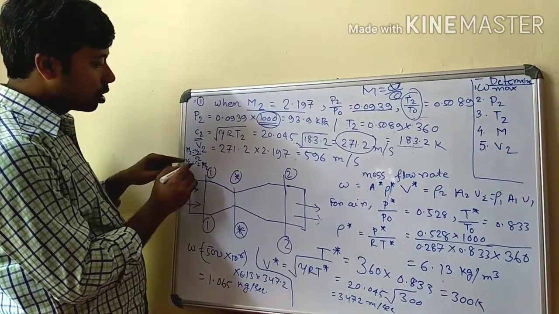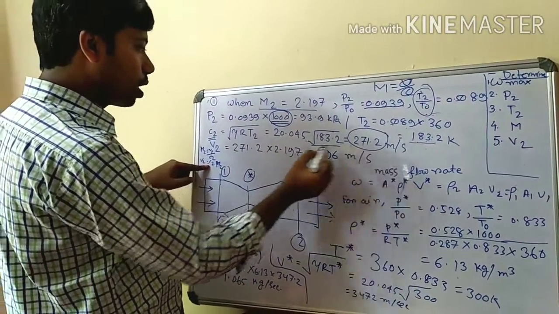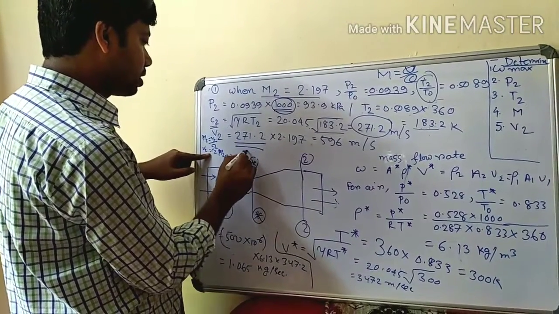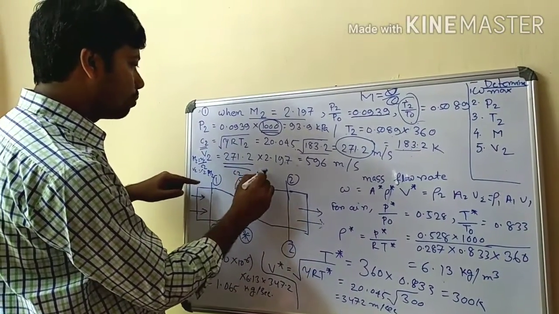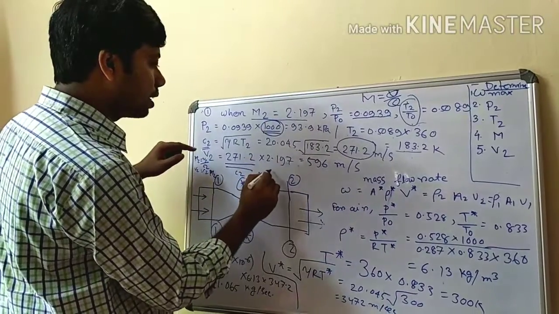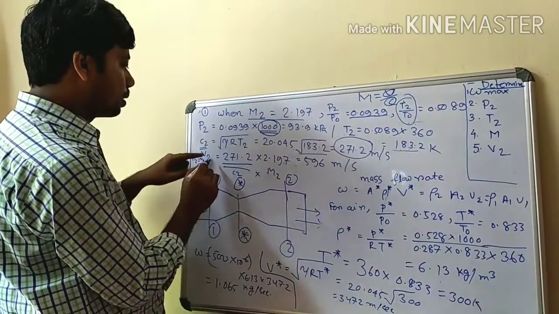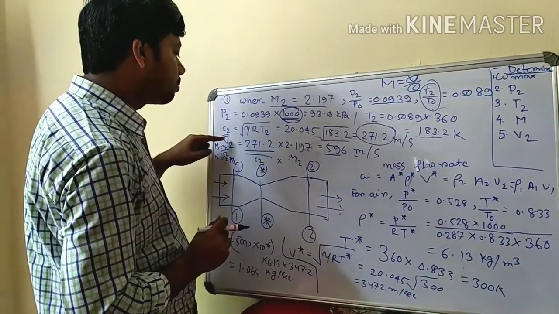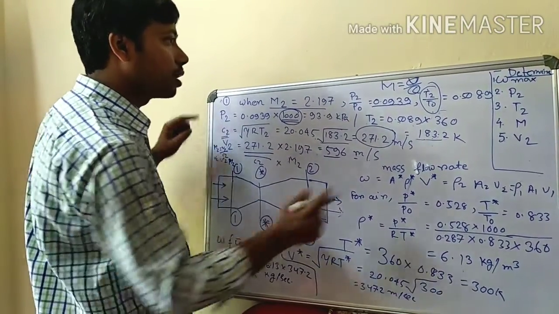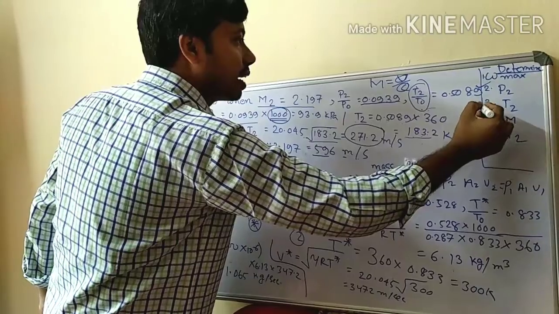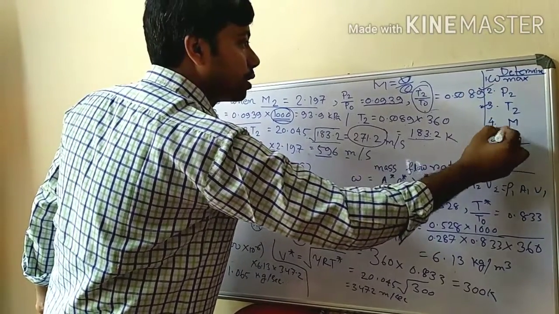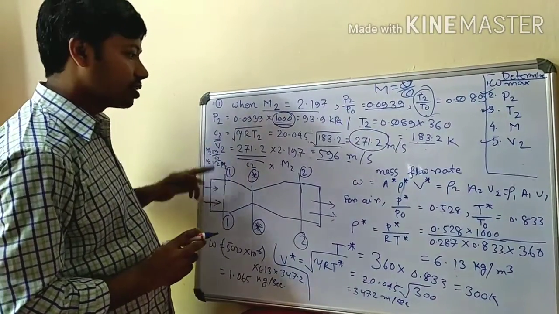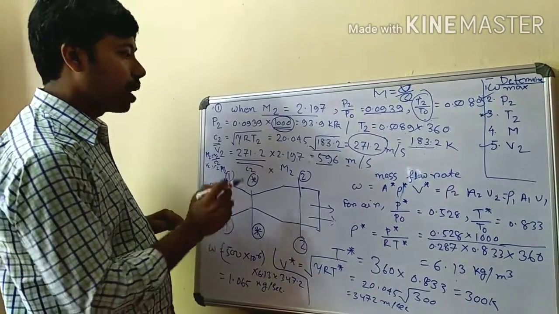C2 is coming out as 271.2 and M2 is 2.197. So V2 will be 595 meter per second. This is your exit velocity. This is your exit pressure; you already calculated exit pressure and exit velocity.